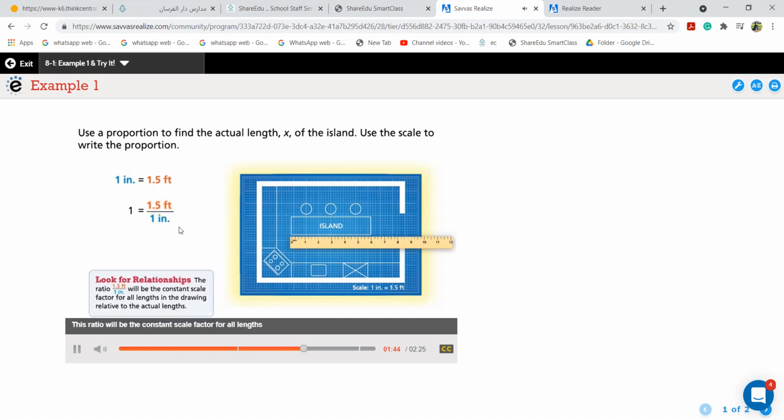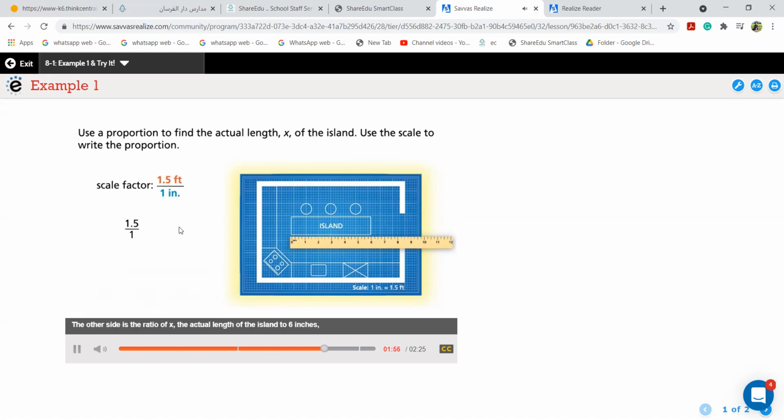This ratio will be the constant scale factor for all lengths in the drawing to the actual lengths. Write the scale factor on one side of the proportion. The other side is the ratio of x, the actual length of the island, to 6 inches, the length of the island in the blueprint. Make sure to write the ratio in the same order as the scale factor. Solve the equation by multiplying both sides by 6. The actual length of the island.